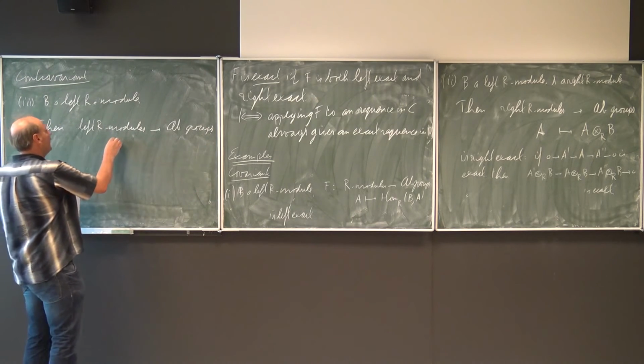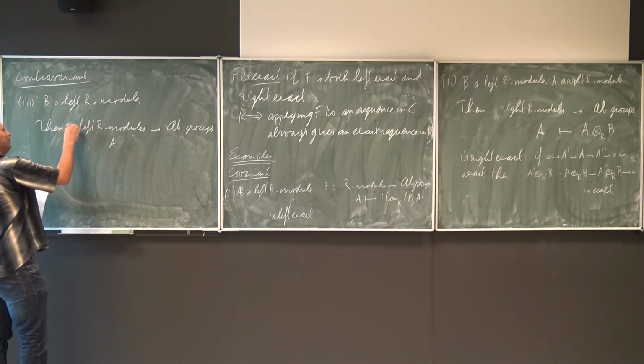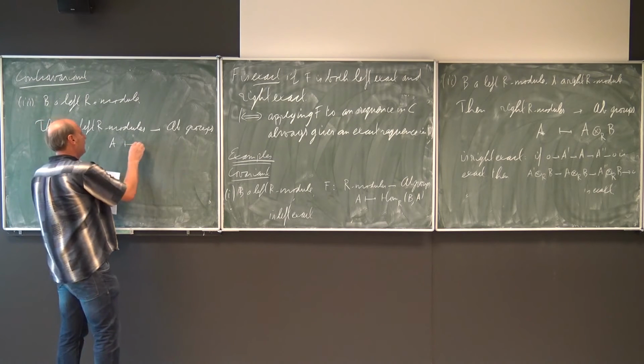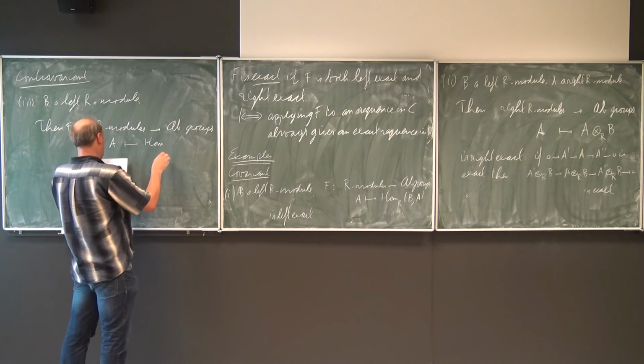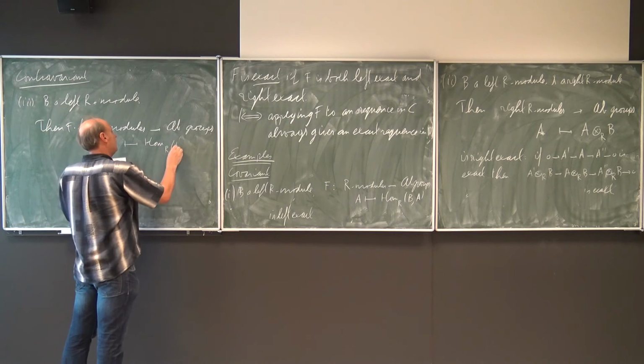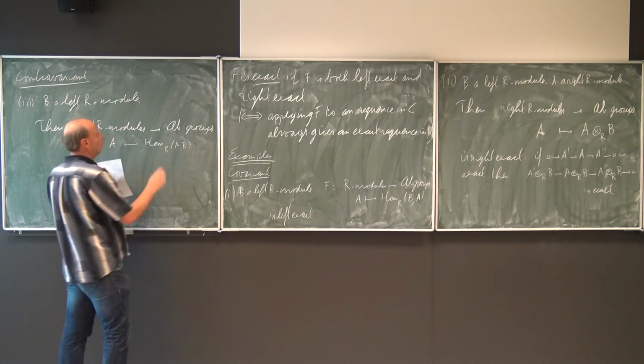And I take an A, so this will be F, and I take this Hom_R(A, B), Hom as left R module.